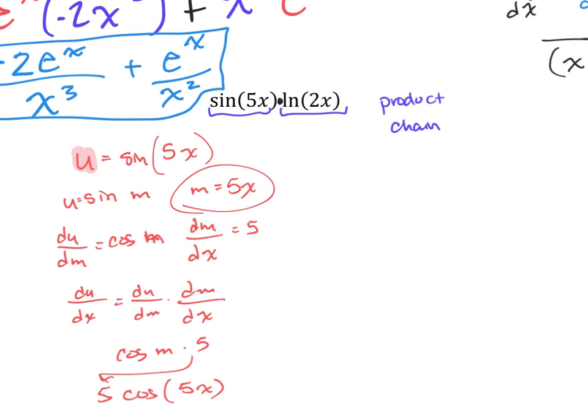Same thing's going to happen kind of here. It's just that instead of cosine, we're going to have 2 over x. That's what that's going to end up working out to. So let's do that quick.